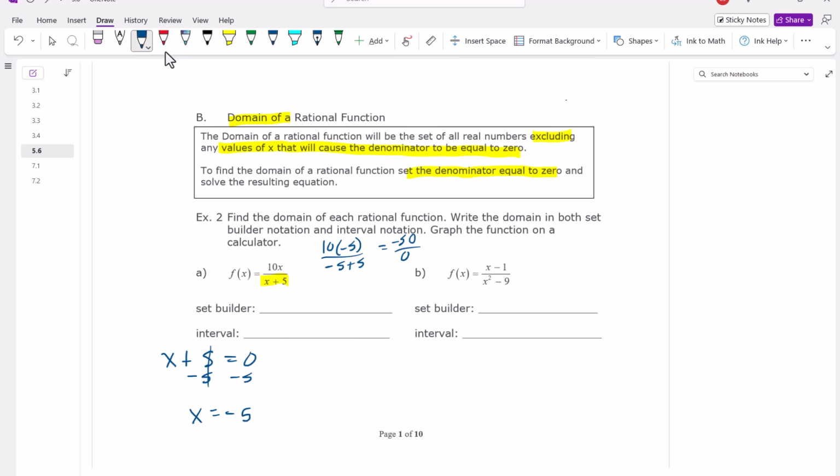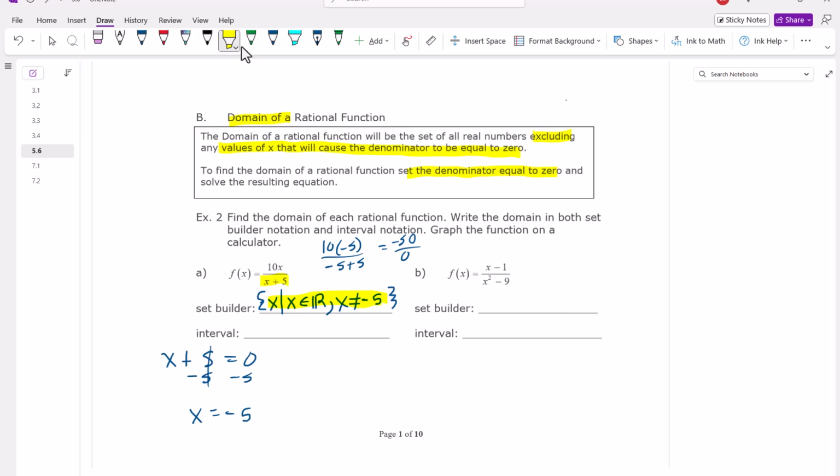So set builder, we could just say set of x, such that x is a real number. You can actually leave that off and just put x cannot be equal to negative 5. So that's the proper way to write set builder notation.